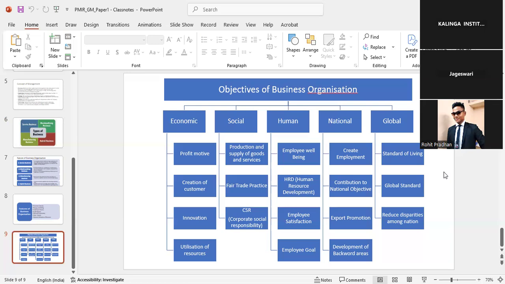So in that way, you are adding values to your society, to your country, to your nation, to your globe. So those are the different objectives of business categorized: economic objective, social objective, human objective, national objective, global objective.